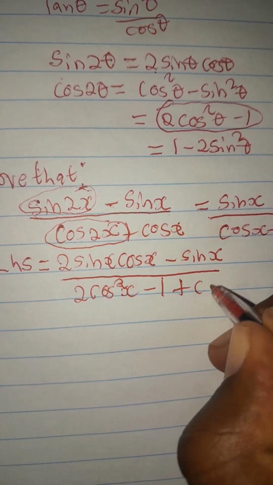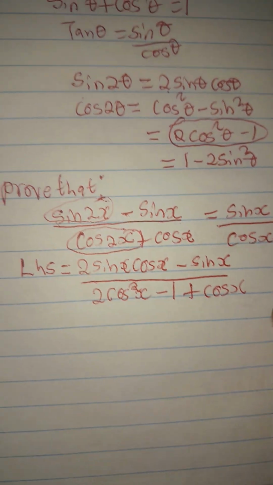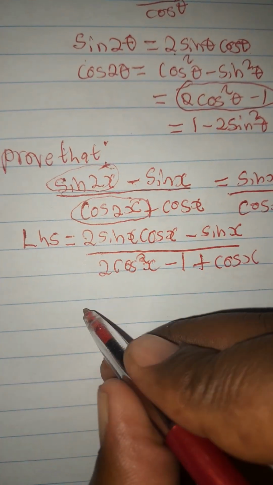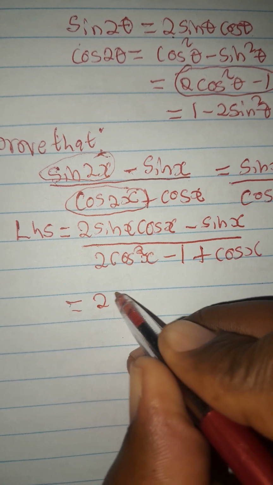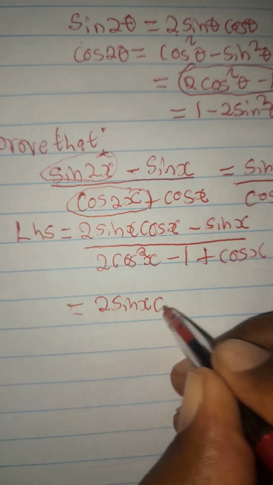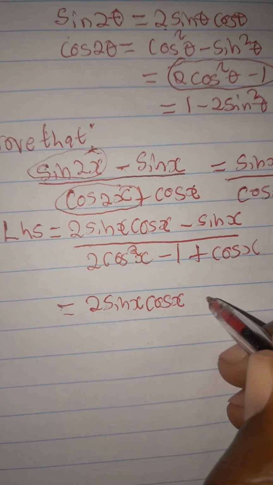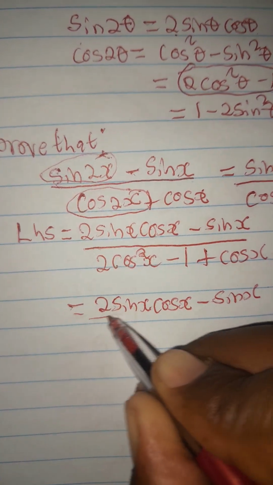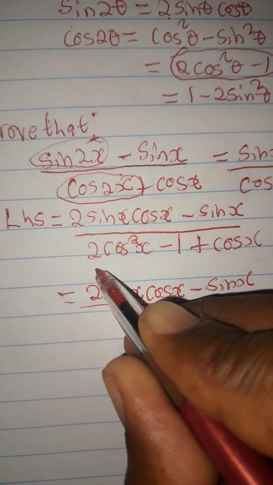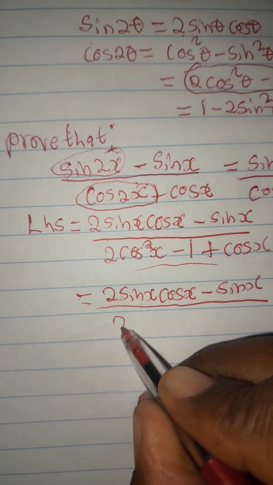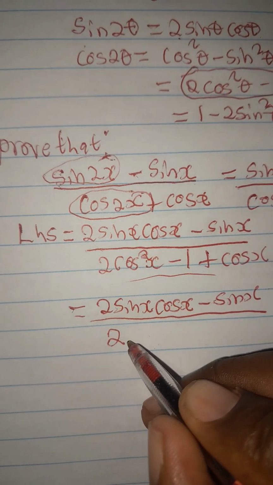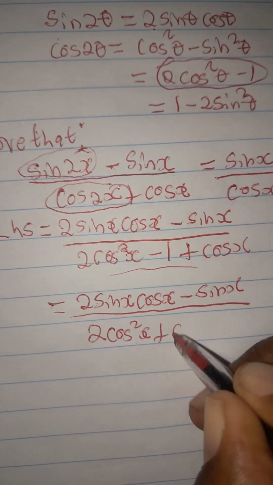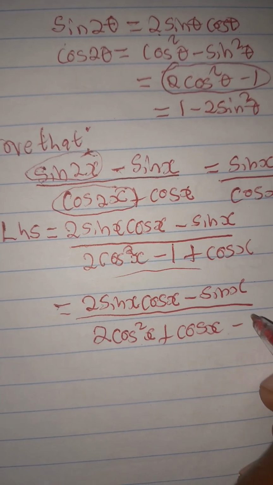Remember that we have plus cos x. So let's rearrange this. We have 2 sine x cos x minus sine x. Then in the denominator we have 2 cos squared x plus cos x minus 1.